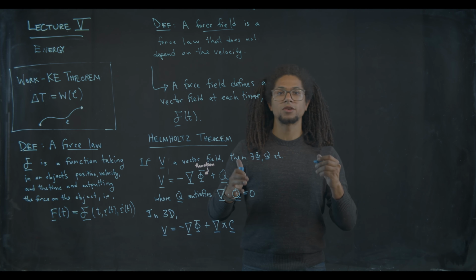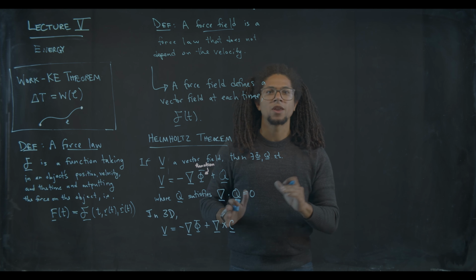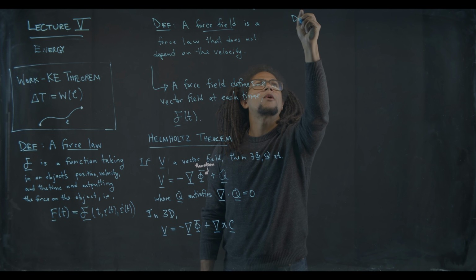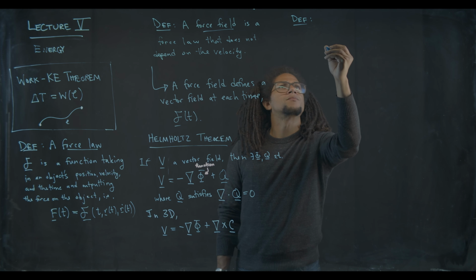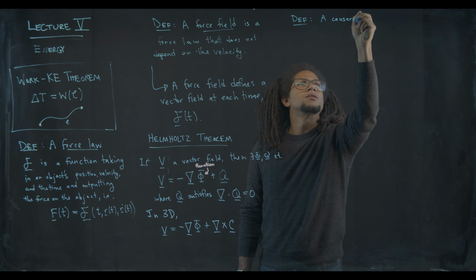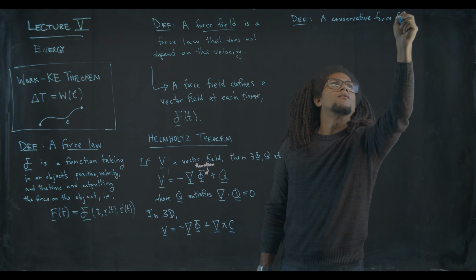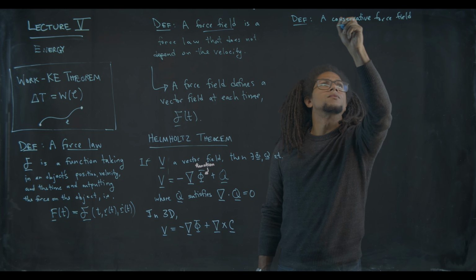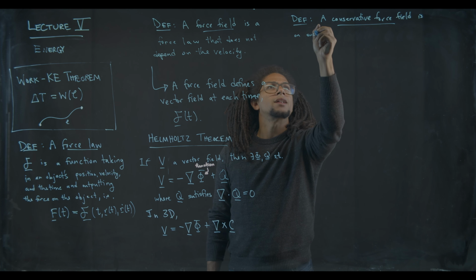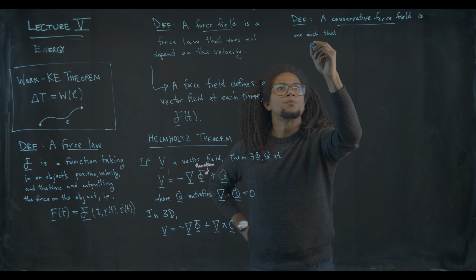So I'm going to do another definition. You'll notice the board is just filling up with definitions at this point. So if you need to pause and go back at any point, that's all right with me. Okay, so another definition. A conservative force field is one such that two things are true.